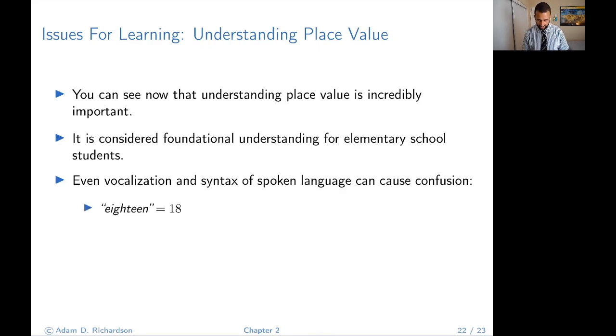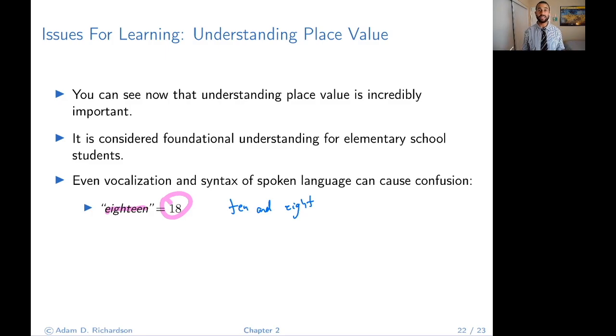For example, the way that we say the number 18 in English is like this. We say 18. Now, this is a linguistic shift because it's basically saying 10 and then 8. So really, this is trying to say 10 and 8.